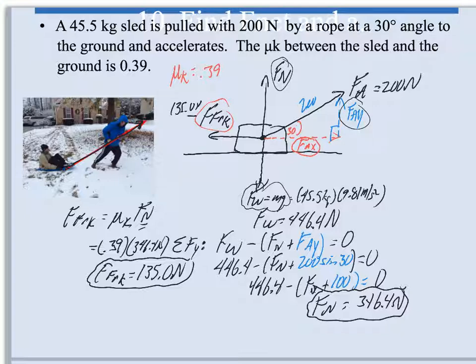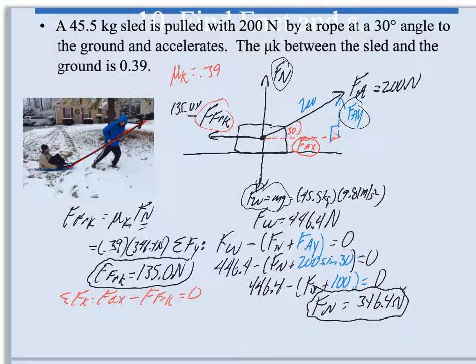So how do we figure out what Fax is? Well, Fax is along the x-axis. Friction is along the x-axis. So I'm going to sum my forces along the x-axis. I have Fax minus friction. Now again, friction is already something that we solved for.